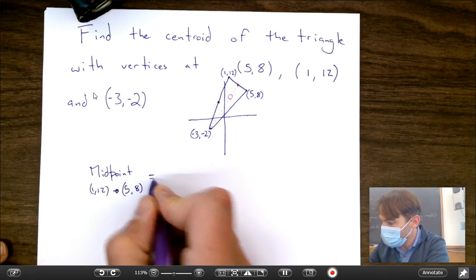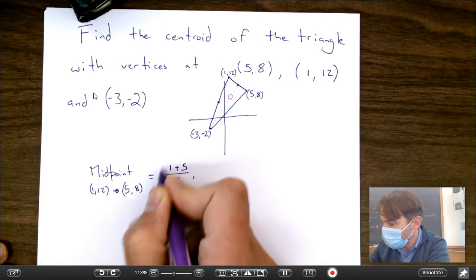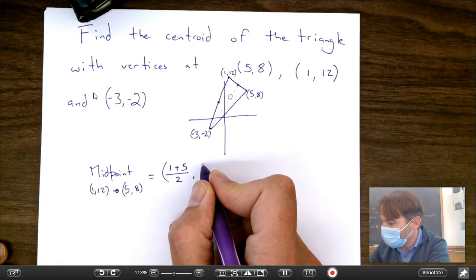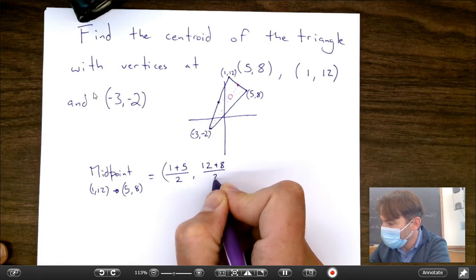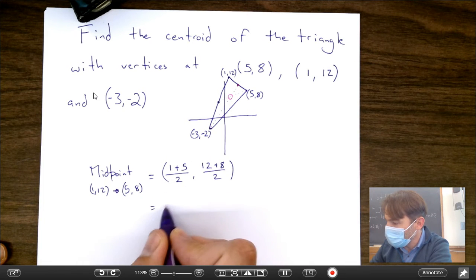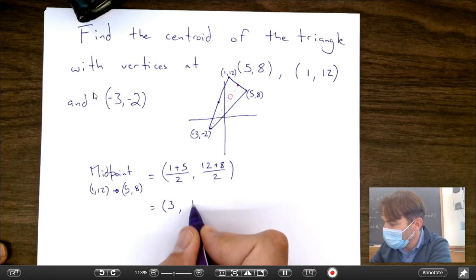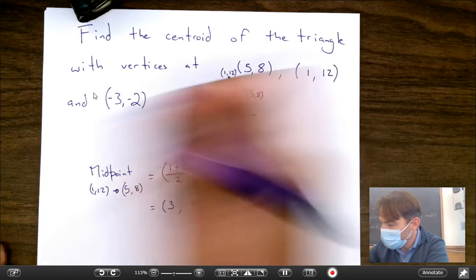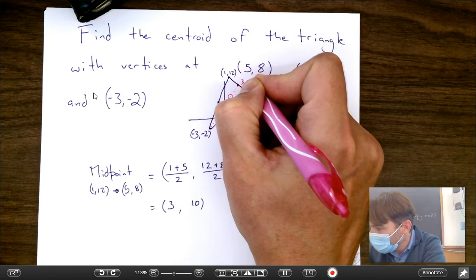So it's going to be 1 plus 5 divided by 2 as my x value, and 12 plus 8 divided by 2 as my y value. Well, 6 over 2 is 3, and 20 over 2 is 10. Okay, so I found this point there is the point (3, 10).